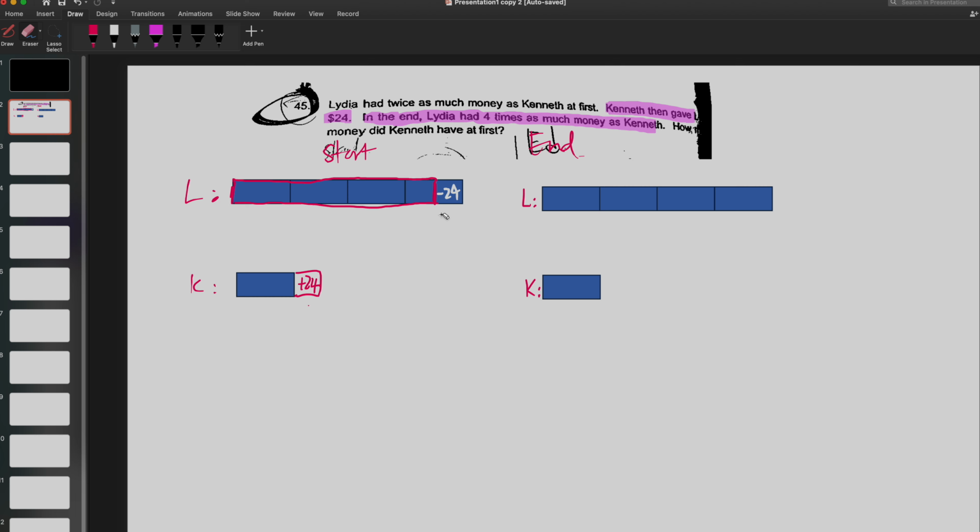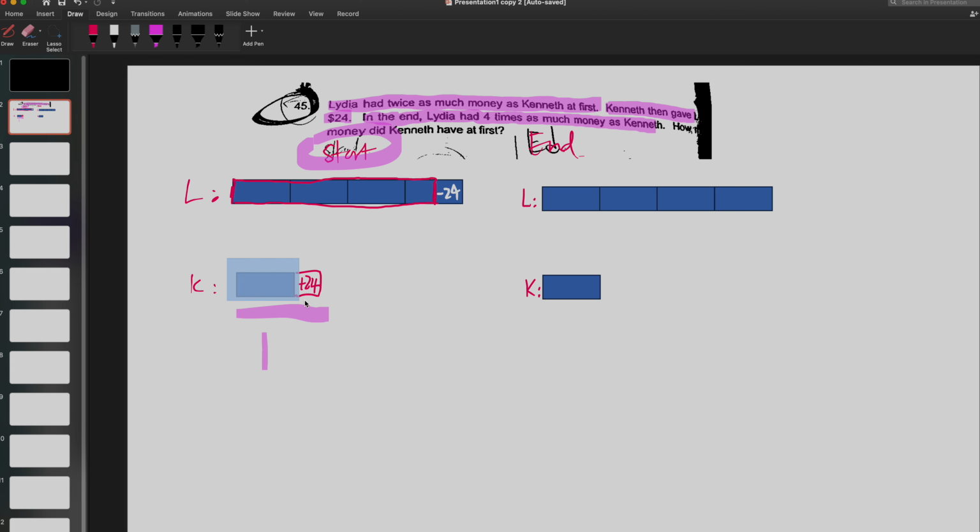Okay, so with this, then you read the question. For the start, Lydia had twice as much money as Kenneth at first. So at the start, which is here, Lydia is twice as much as Kenneth. So if this is 1, then you need to double it so that it will be equal to Lydia.